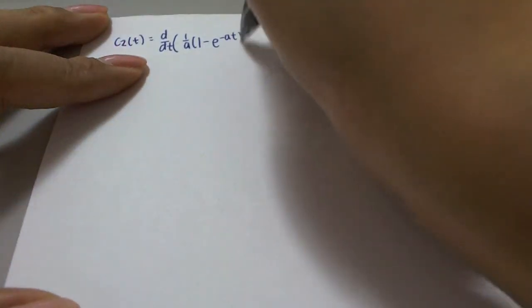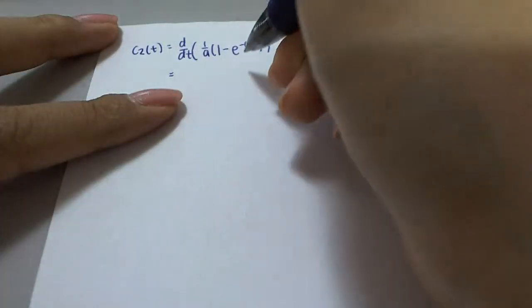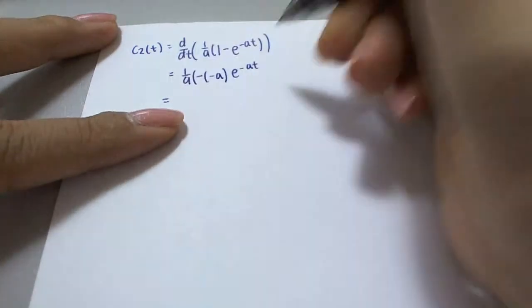And what we have now is C2 of t equals d/dt of 1 over a multiplied by 1 minus e to the minus at. And differentiating this term, we have 1 over a multiplied by minus a e to the minus at. So we have minus e to the minus at.